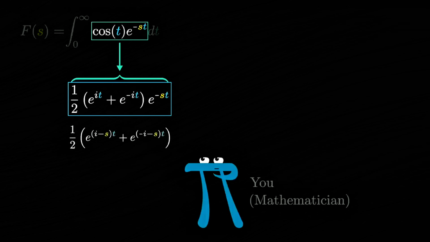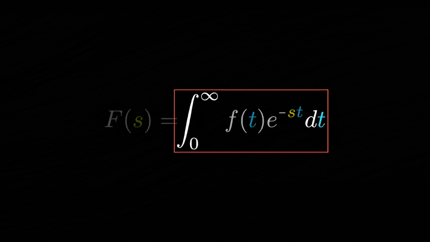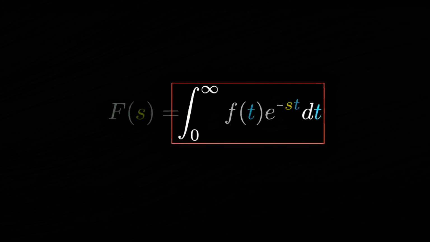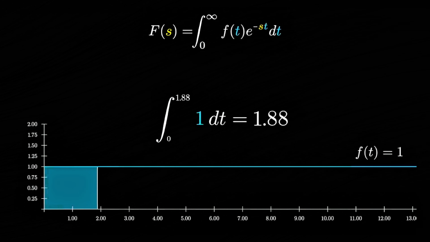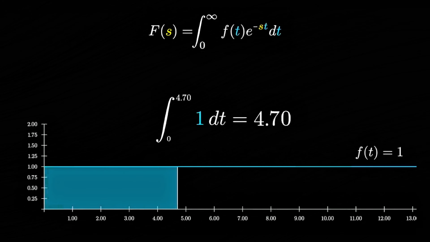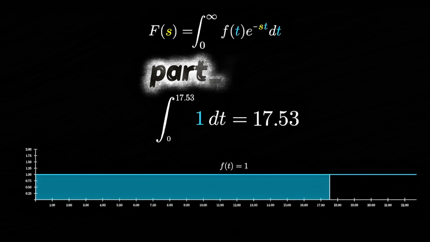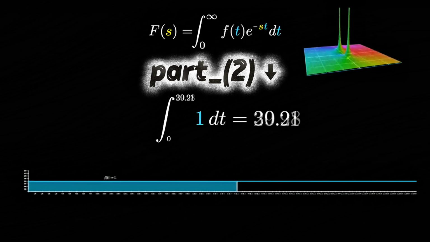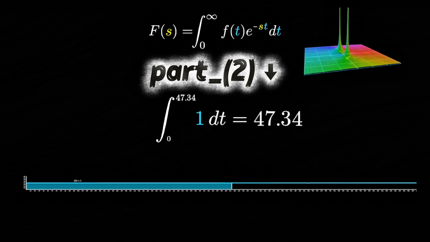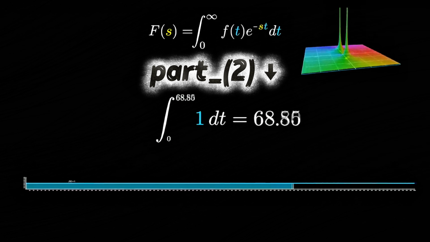In essence, this is the role played by the integral that is wrapping everything up in the full definition, integrating as time goes from 0 to infinity. And on the one hand, if you're comfortable with calculus, you might be able to anticipate why this would result in some kind of sharp spike over the desired values of s. If you integrate a constant from 0 all the way up to infinity, it blows up.